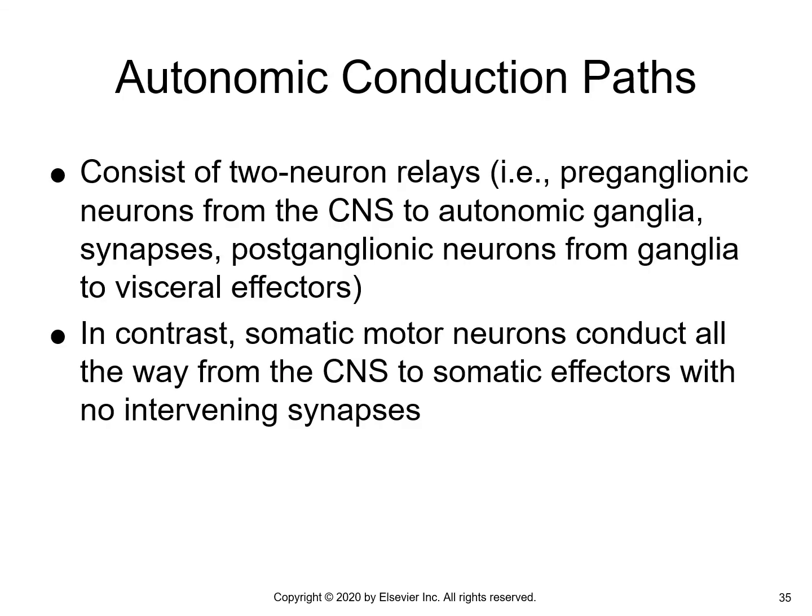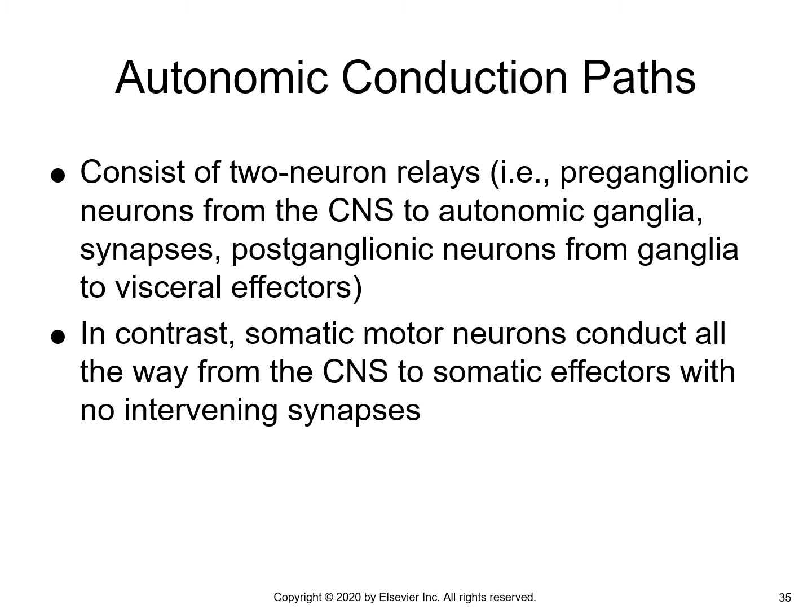Okay, class, we're going to talk about autonomic conduction pathways for a minute. It consists of two neuron relays. An example is preganglionic neurons from the CNS to autonomic ganglia synapses, postganglionic neurons from the ganglia to visceral effectors.